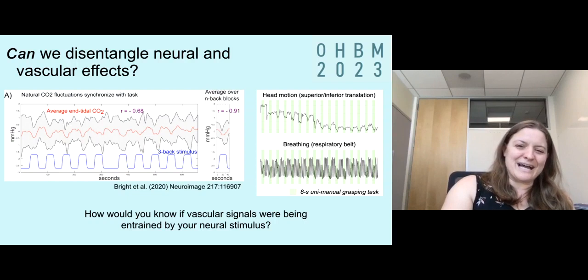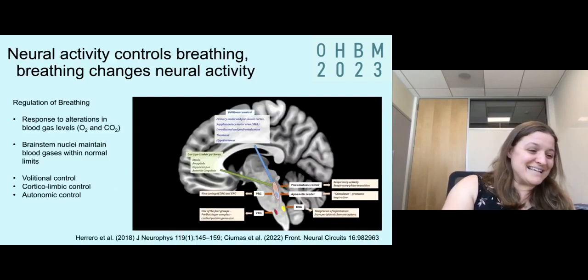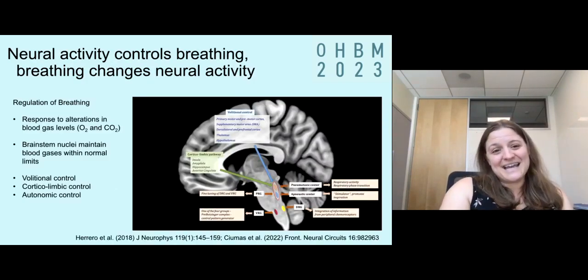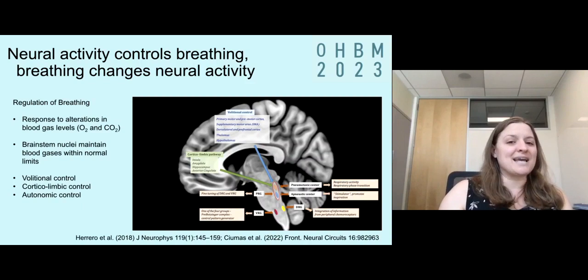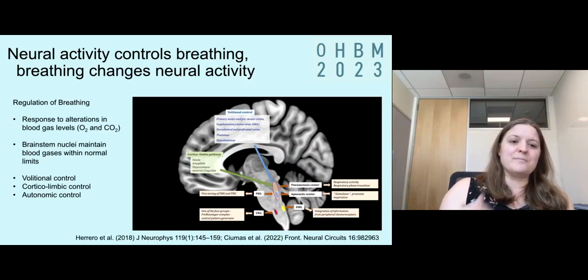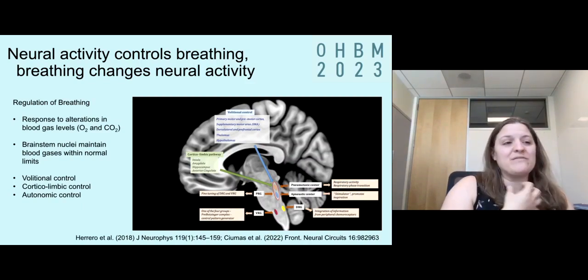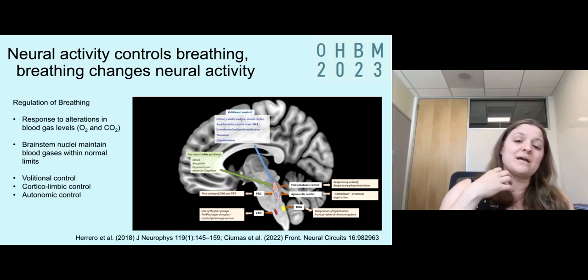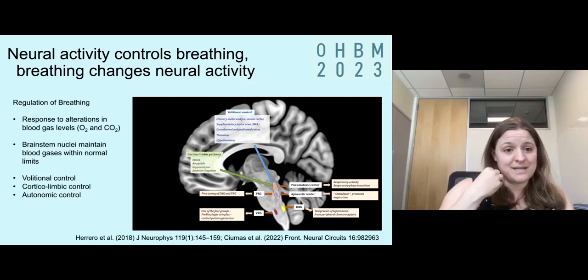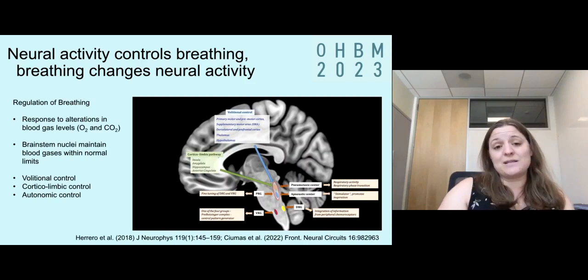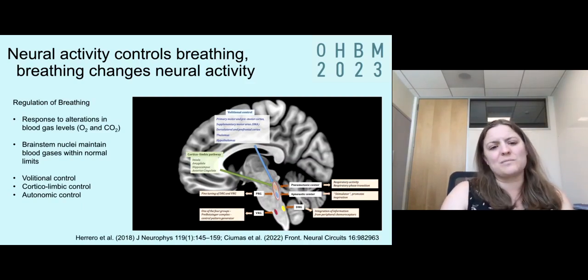But I would also say that breathing is driven by neural activity. And breathing changes neural activity. There are all of these feedback mechanisms that disentangling them may be impossible. So regulation of breathing, you have chemoreceptors in your brainstem and carotid bodies, and ultimately brainstem nuclei can maintain, or try to change breathing to maintain blood gases within normal limits.